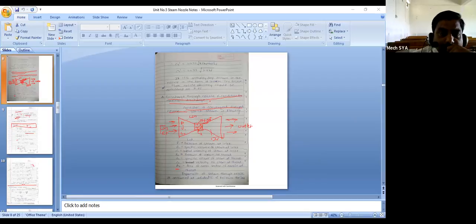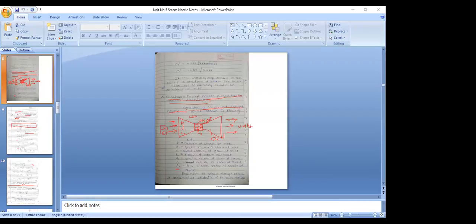So the convergent section is the convergent inlet. And this part is where the cross section area is very minimum. That part we call the throat. Throat.